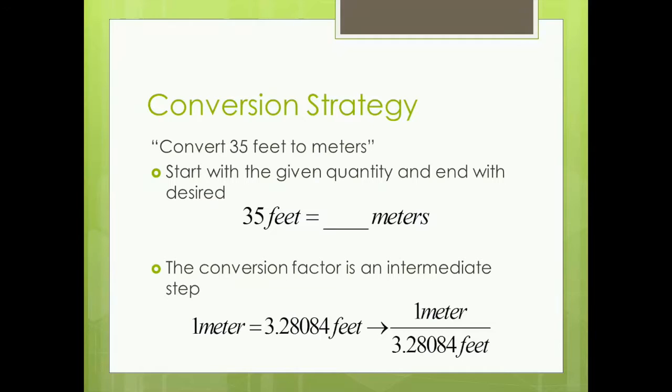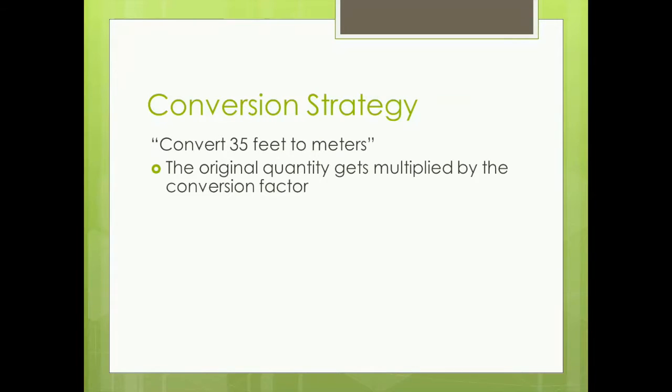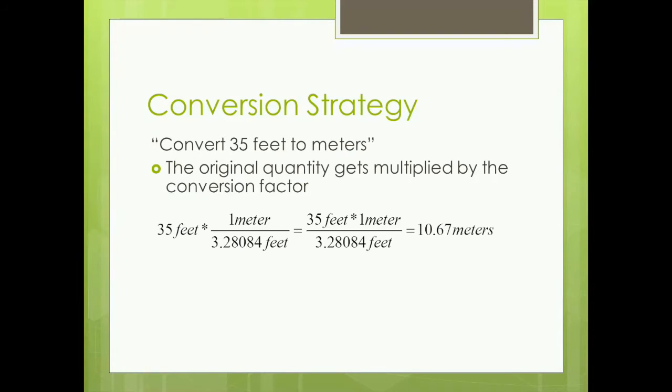Let's look at 1 meter equals 3.28084 feet and show that it can be written as a fraction shown below. The original quantity will get multiplied by the conversion factor. You carry the multiplication across the numerator and across the denominator, and finally end with a fraction which is reduced to your final answer.